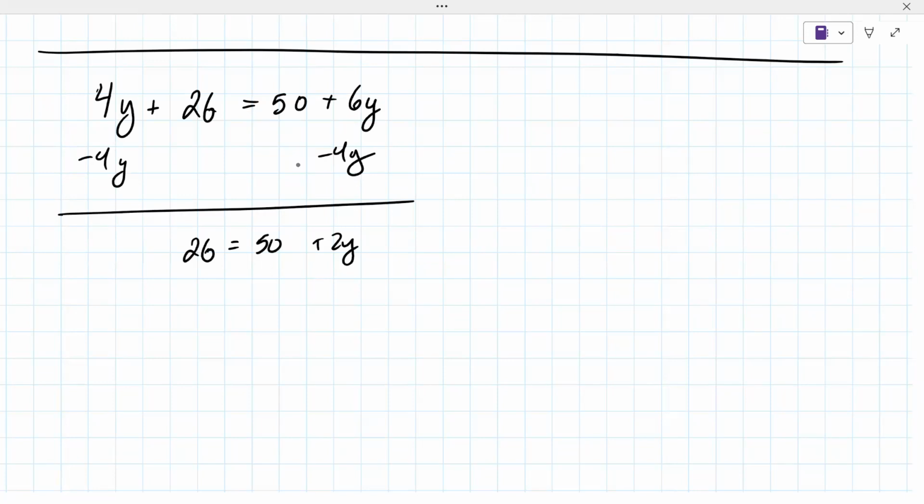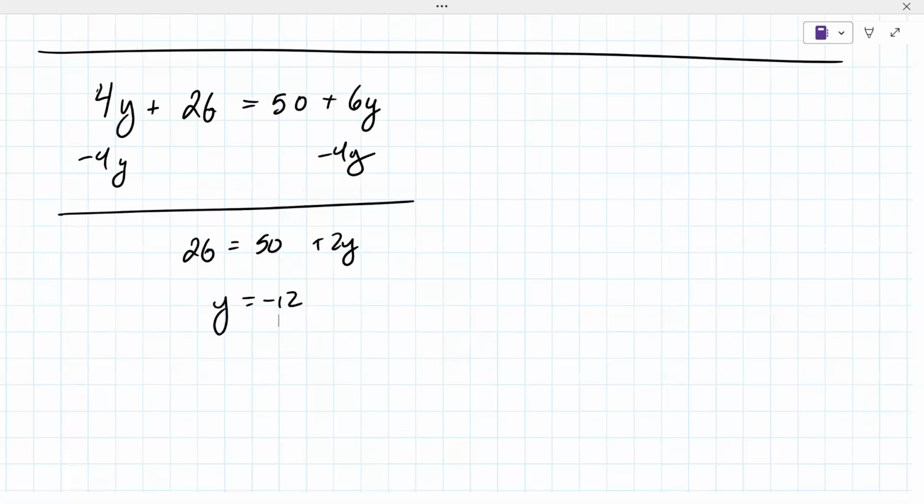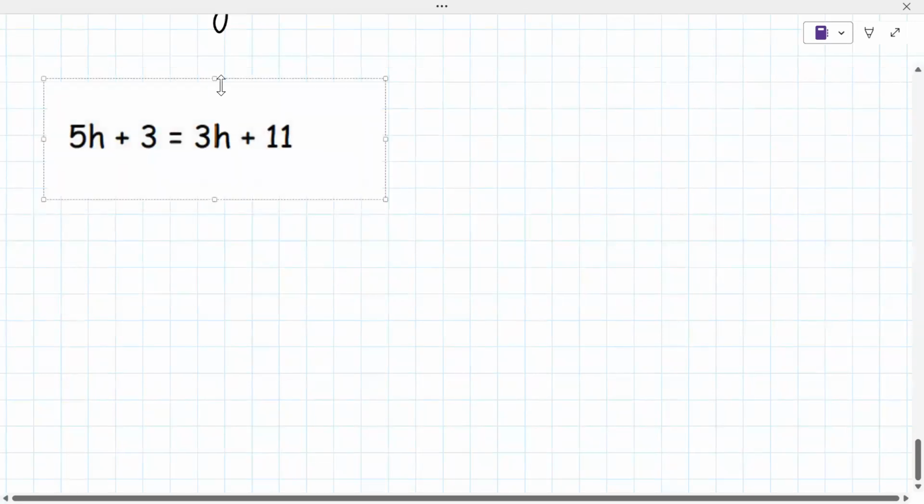I got y equals -12. Okay, let's have you try one on your own here. All right, so go and see if you can solve this, please.